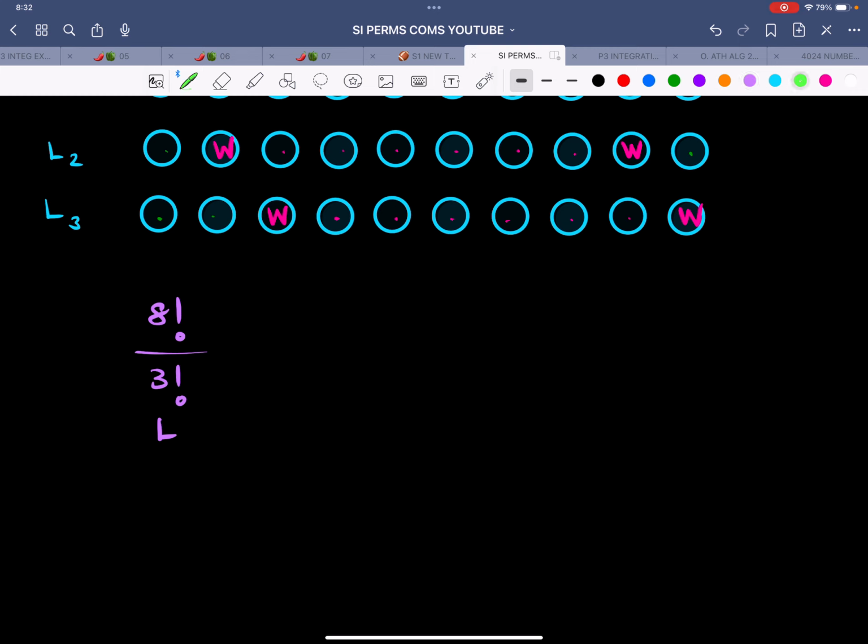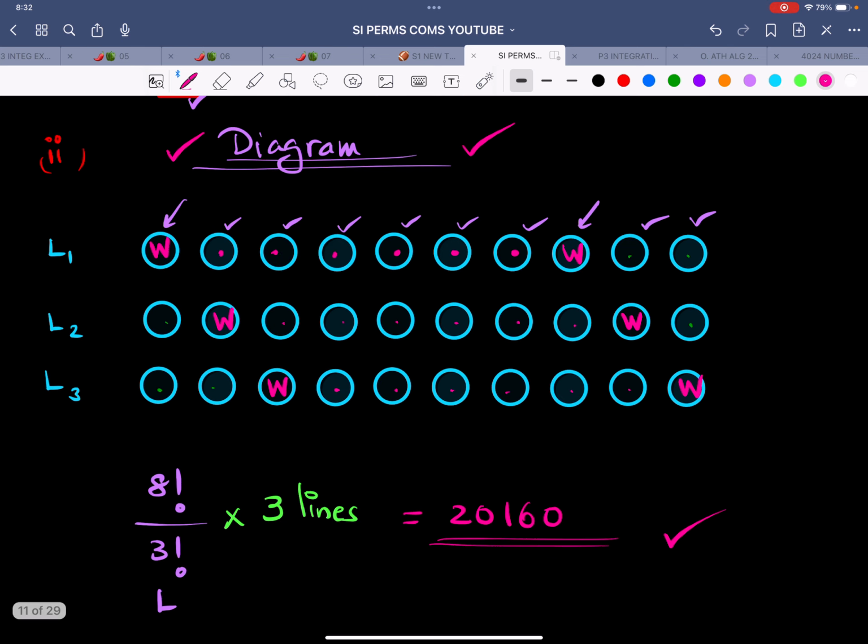Since there are 3 lines, multiply by 3 for the lines. So now when you multiply it out, we get this answer, which comes out to be 20160. That answer is also exact. Leave the answer in this form.